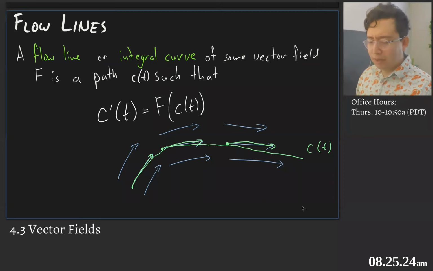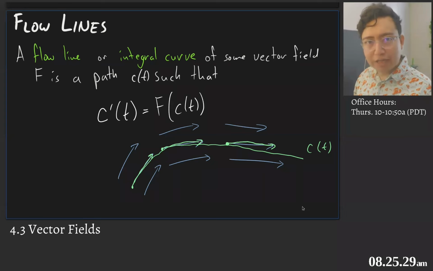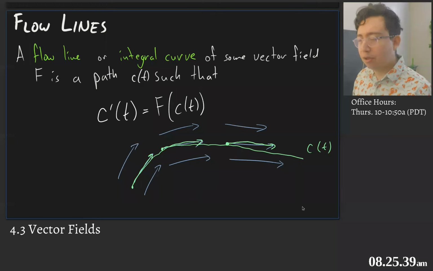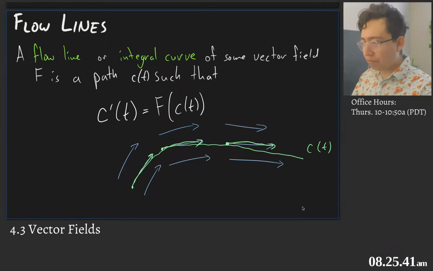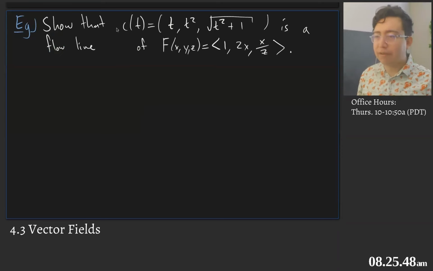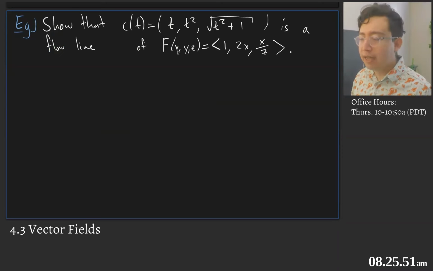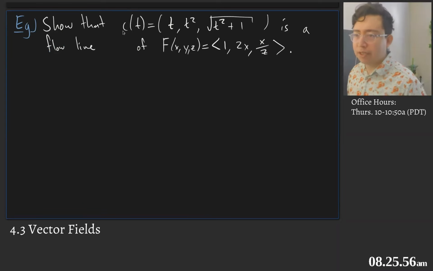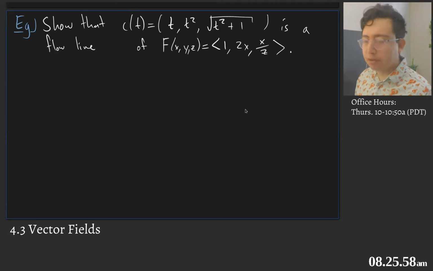So for the sake of this class, we just usually ask you to confirm that this satisfies this equation that you're seeing here. Okay, so let's see that here. Here we have a function, a curve C of t, and a vector field F. And so the question is, does this satisfy that equation? So what are we going to need?